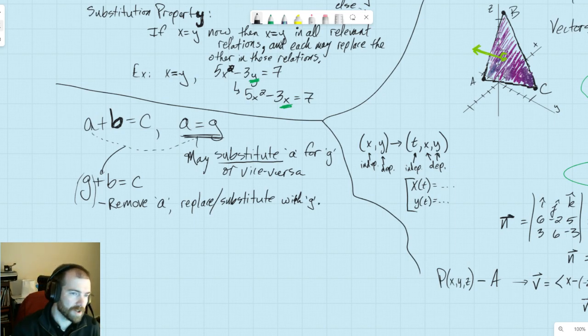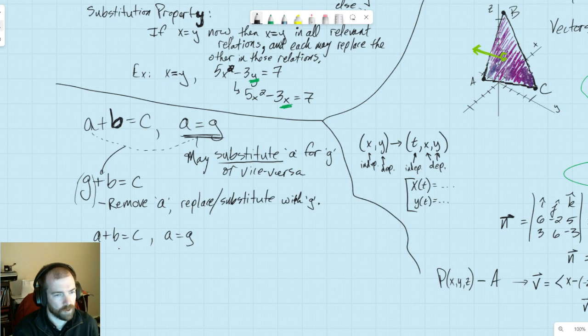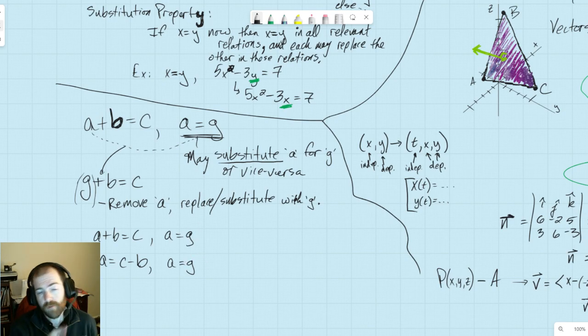All right, by contrast, if we take a plus b equals c and also a equals g, and if this were moved around a little bit so that it's a equals c minus b and also a equals g, then we're not removing anything.